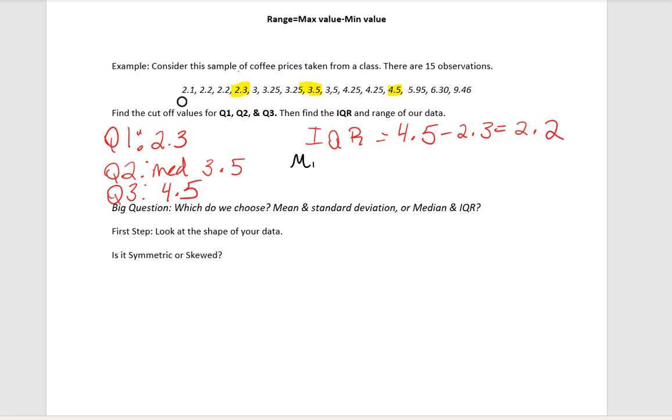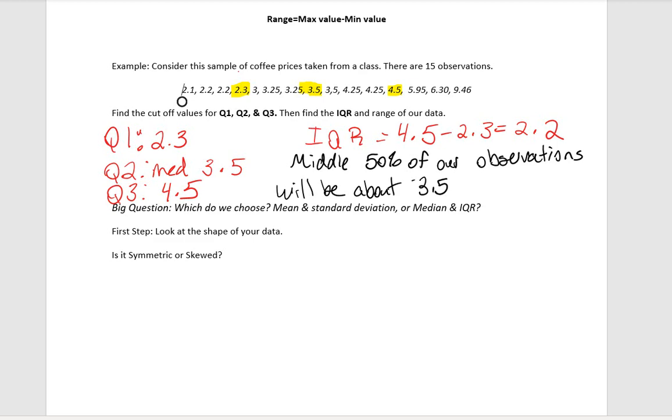It means that the middle 50% of our observations will be about $3.50 and differ by at most $2.20.